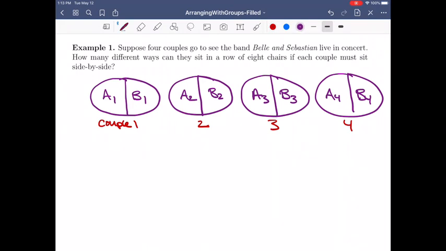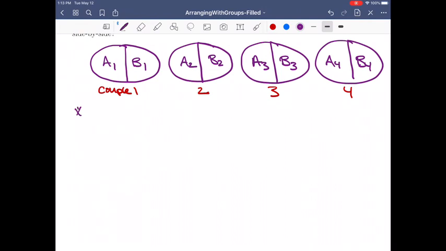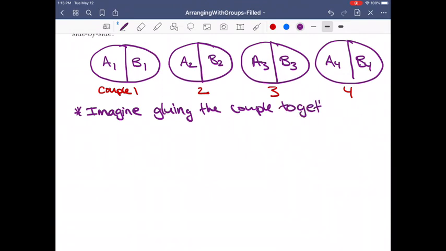So we want them to be stuck together. So what we're going to do is imagine gluing the couples together, or linking their arms, maybe you could think of, seeing as how they're people, so that they move as a unit.